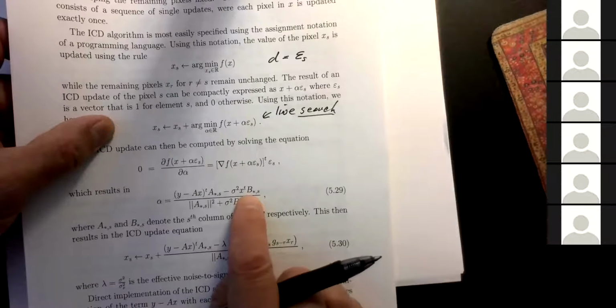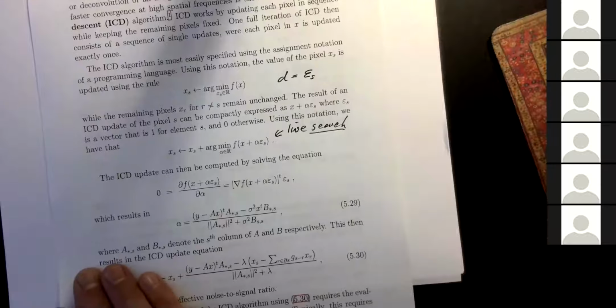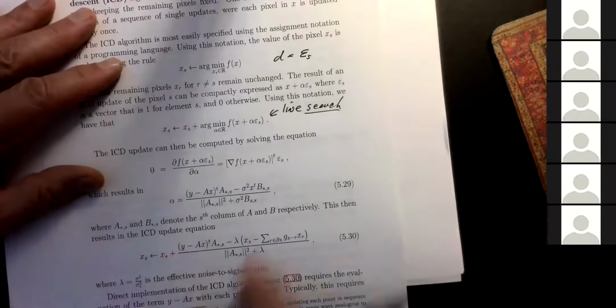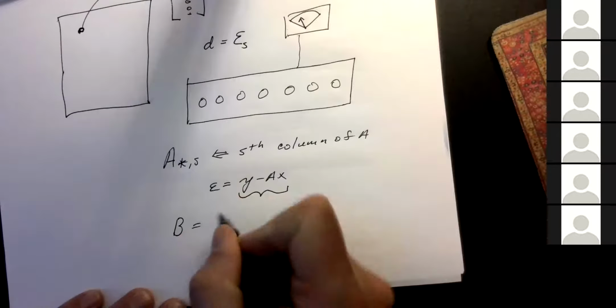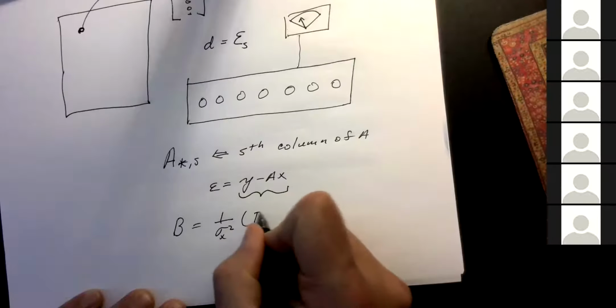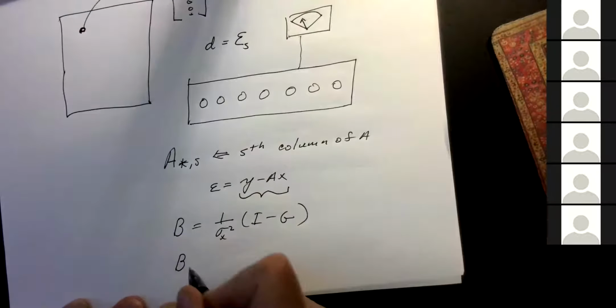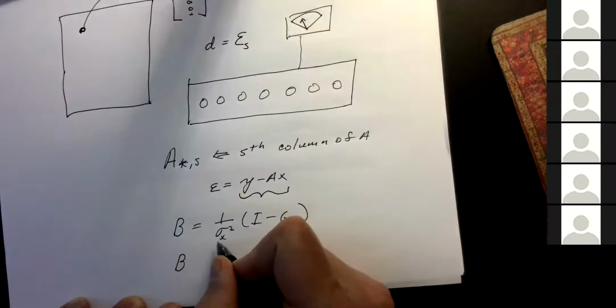If you expand this term, B is the precision matrix associated with the prior distribution on the image. And remember, B here is equal to 1 over sigma x squared times I minus G. Right, so it's going to turn out that B of... Oh, we don't even need the sigma x squared because it's already built in.